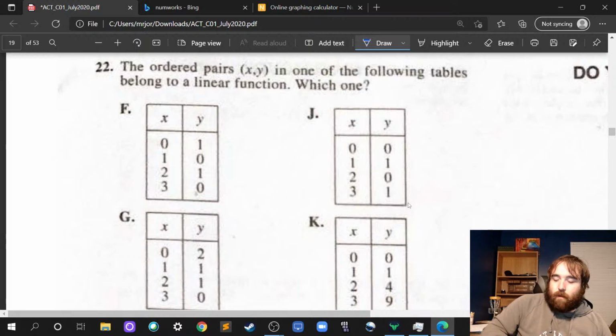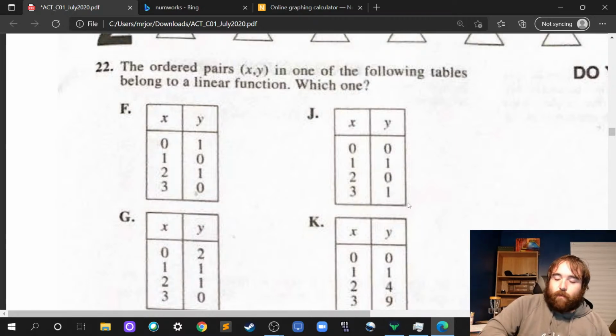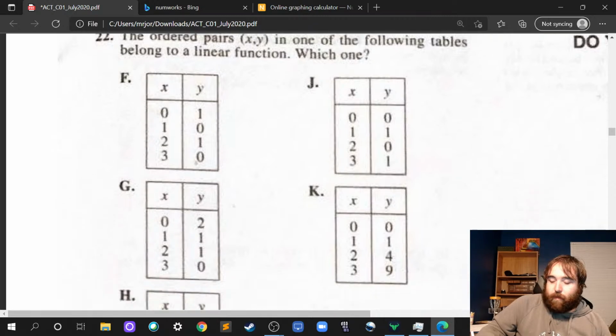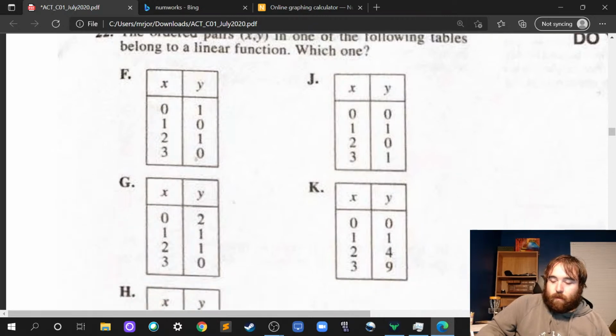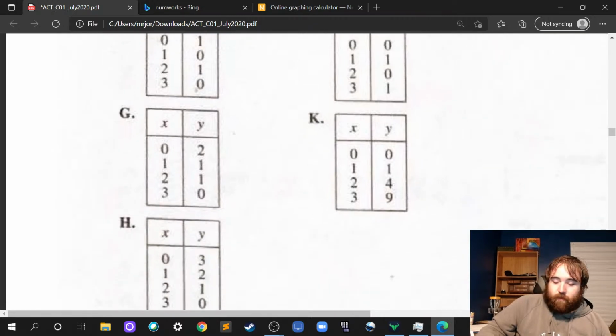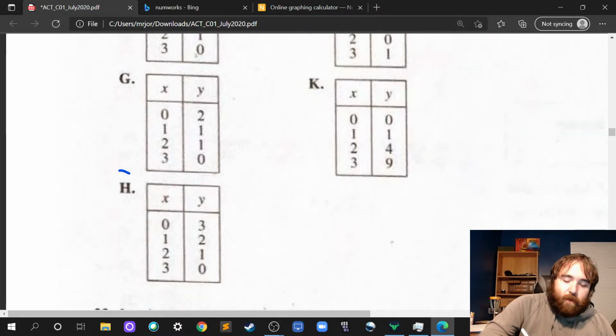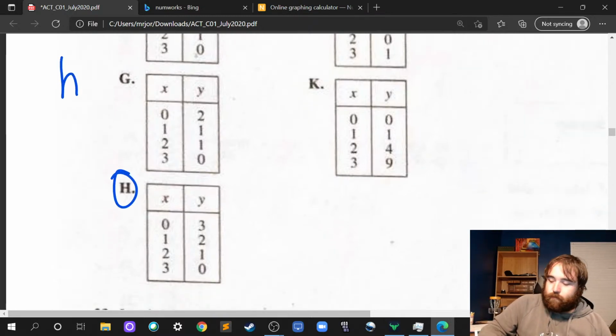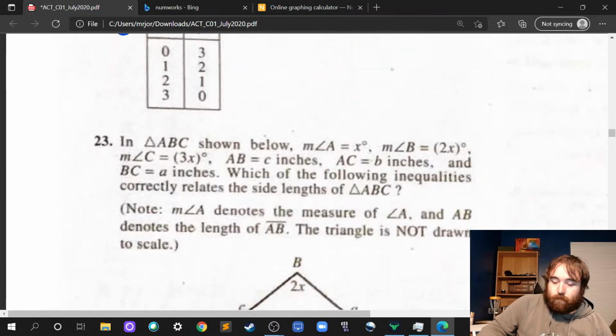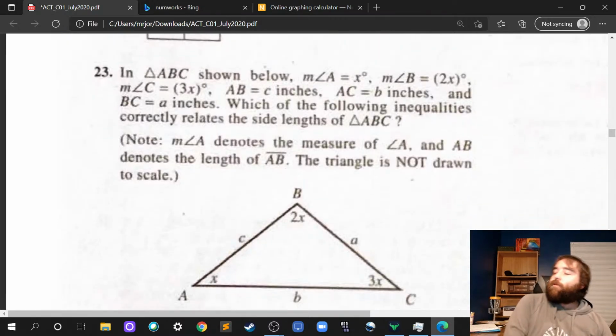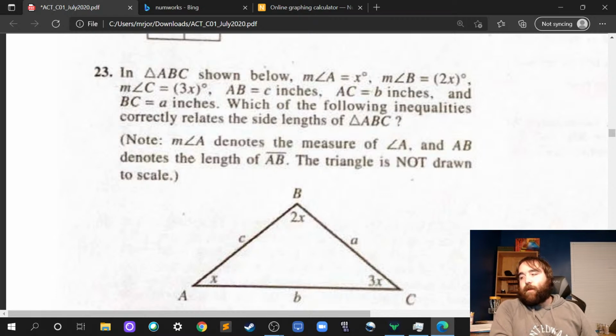And then linear, you just know that as long as x is going up by 1, y should always go up by the same amount. And boy, these do not do that very much. Or down by the same amount. So it's h. And then you got to go through problems like that quickly so that you can do the longer problems that take more time on them. It's like this one might take some more time, even just to understand what's going on.